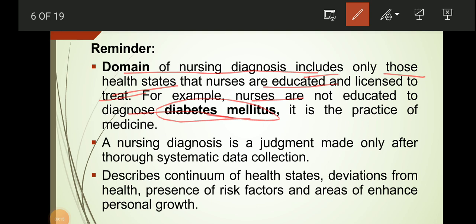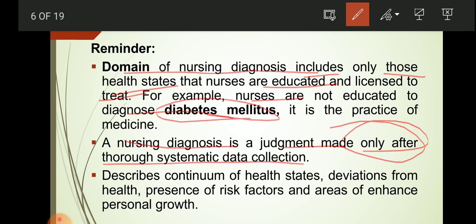Diabetes mellitus is like an increase of sugar in your body. Like there is excessive production sa mga diabetic na mga pasyente. So you are not actually allowed to diagnose diabetes mellitus because only the doctor can do it, okay?